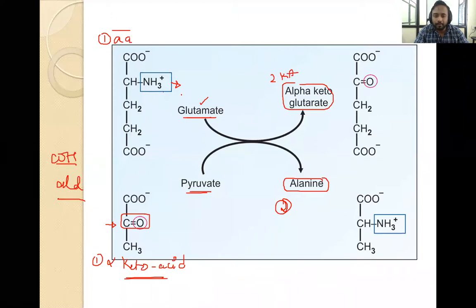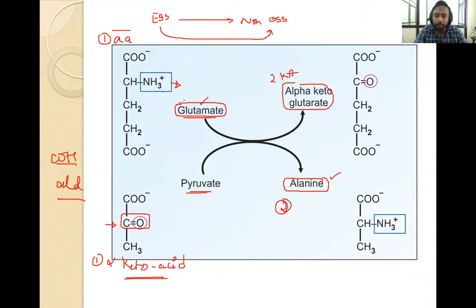Last time I mentioned that essential amino acids can be converted to non-essential amino acids. Correct? Non-essential amino acids. How? This is the most important reaction by which essential amino acids can be converted to non-essential amino acids. Glutamic acid, an essential amino acid. Alanine, a non-essential amino acid.